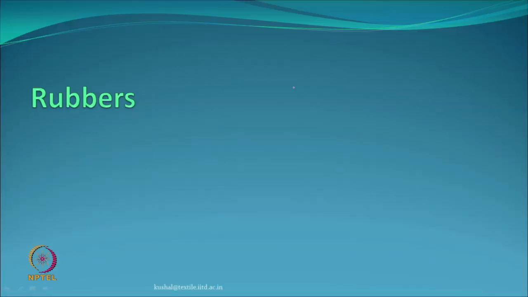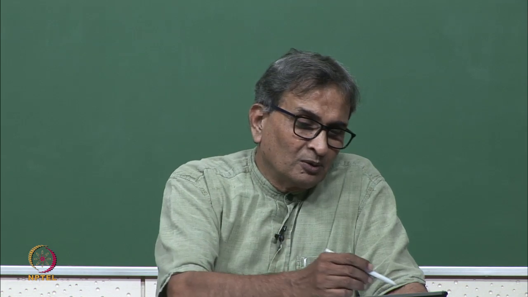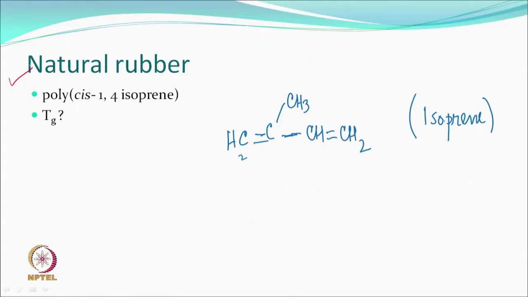Let us first look at rubbers, which we said are elastomers. And the first thing we talked about was natural rubber. It is a polymer of cis 1,4 isoprene. You see, an isoprene has got two double bonds, one here and one here.